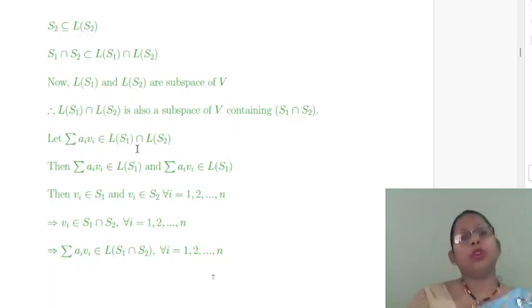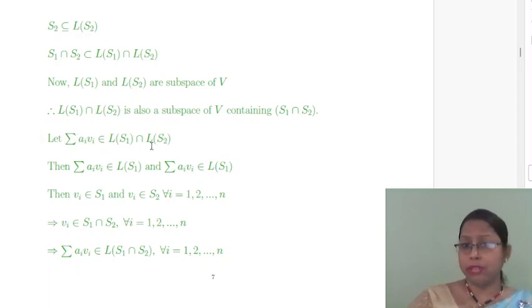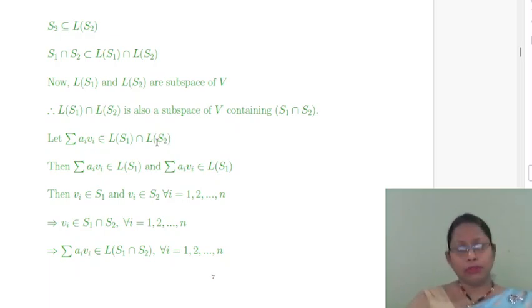Okay, so here I am considering any element in the linear combination of their intersection, that is summation Ai Bi belonging to the linear span of S1 intersection the linear span of S2. Then it belongs to their individual linear spans, that is, summation Ai Bi belongs to the linear span of S1 and summation Ai Bi belongs to the linear span of S2.